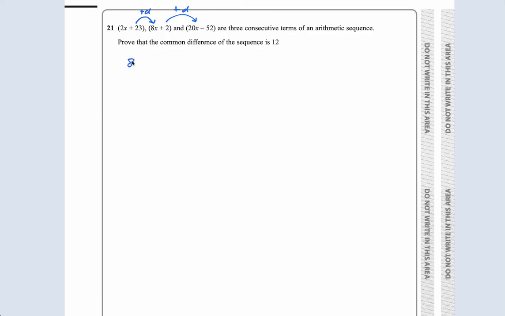So I can say 8x plus 2 minus 2x plus 3, or plus 23, that will give me the difference between these two, has to equal the difference between these two. 20x minus 52 minus 8x plus 2. Now, just be careful with the brackets.